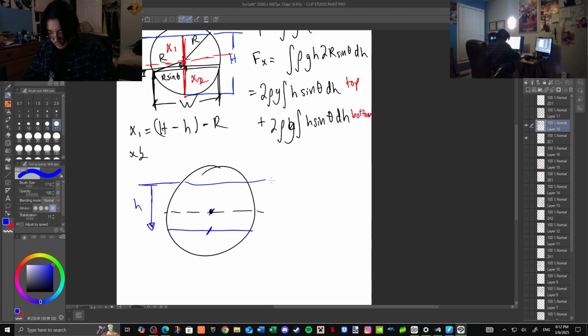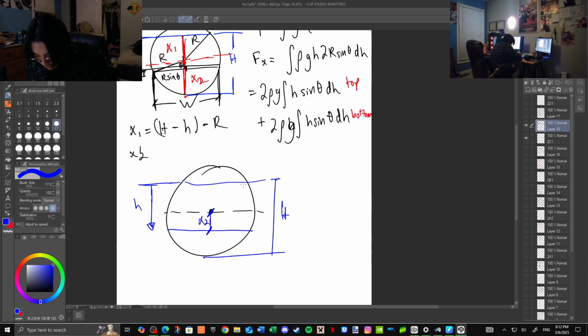Total height is equal to big H. This one's a little trickier, but we can say that this small gap right here is equal to big H minus little h.